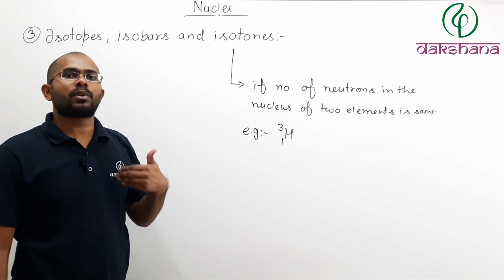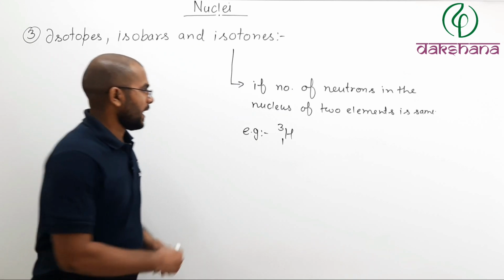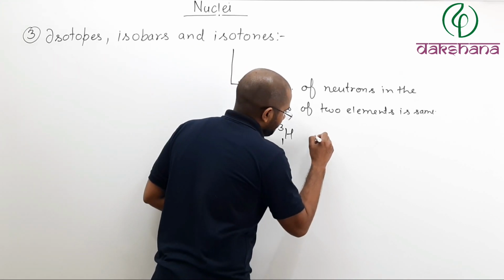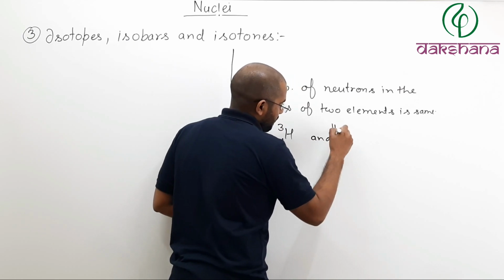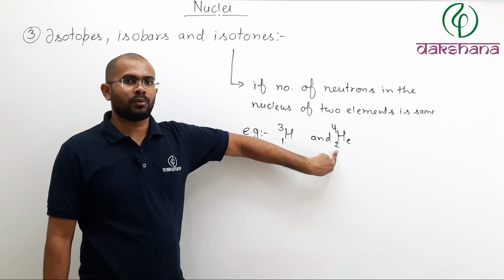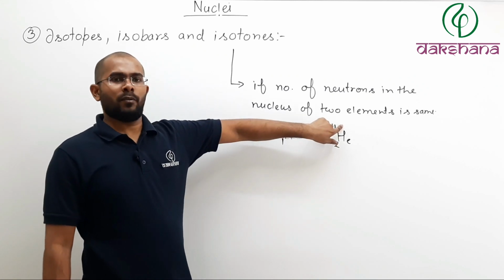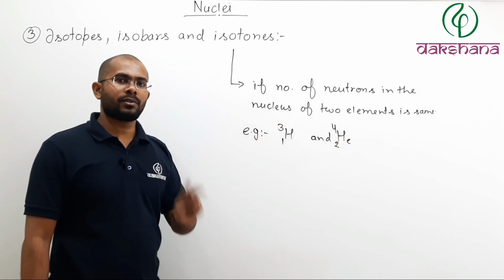So how many neutrons are there? 3 minus 1, 2 neutrons. And in the case of helium, there is one case, helium 2,4, that is, the number of protons is 2 and the mass number is 4, so the number of neutrons will be 4 minus 2 equals 2.